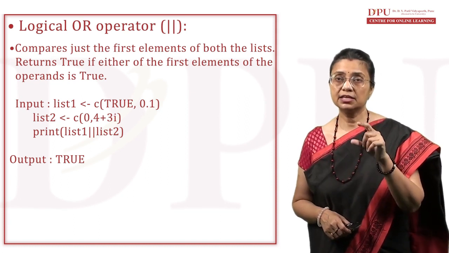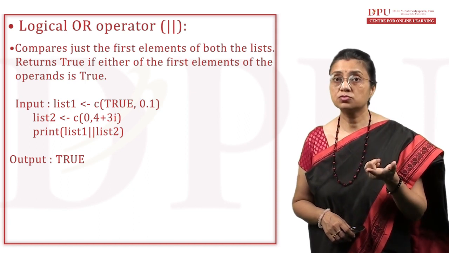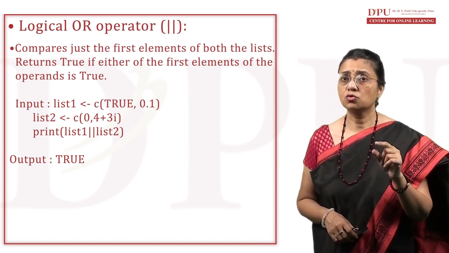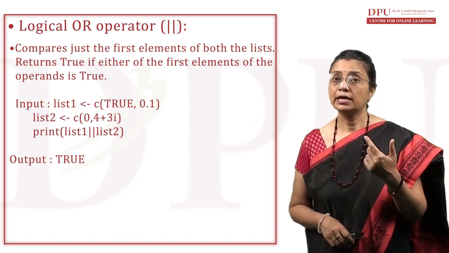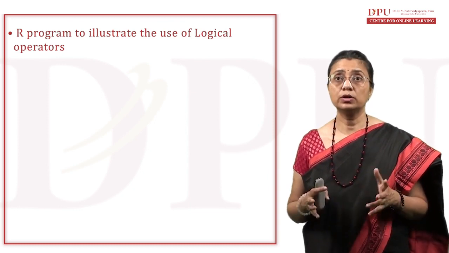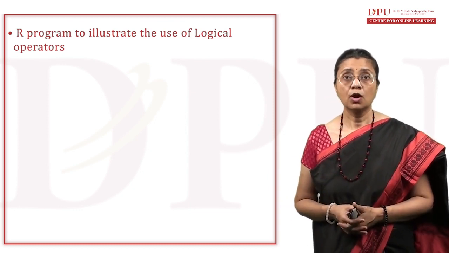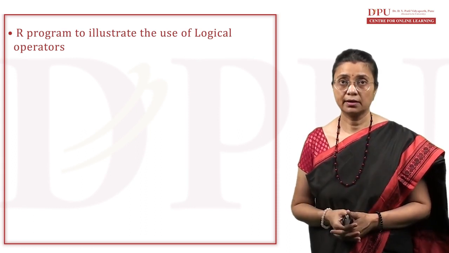But if we take the case of only the first elements of the operands, we will see that a true exists. So if we write print list 1 logical OR operator list 2, it will return true. Now, let's have our program to illustrate the use of logical operators and see what is happening and how the results are coming.